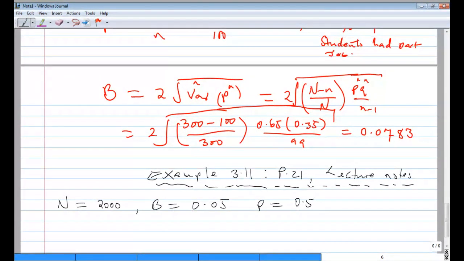Then P equal to 0.5 is something that you know from the first level, I think so. So now the sample size n is equal to, is for what? Sample size required to estimate what?